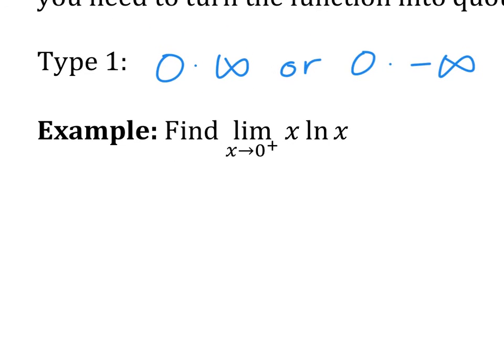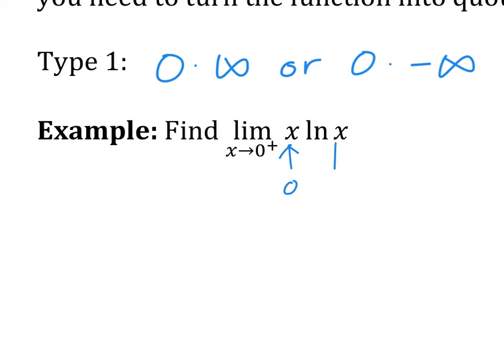Okay, so for example, let's look at this question. Limit as x goes to 0 plus of x times natural log x. All right, so if you plug in 0 right now, what do you get? Well, if you plug in 0 in x, you get 0.